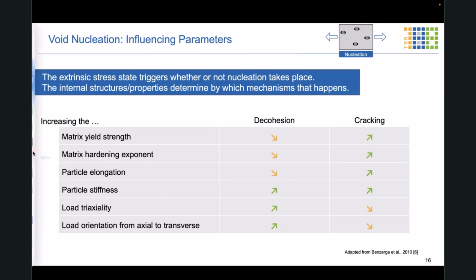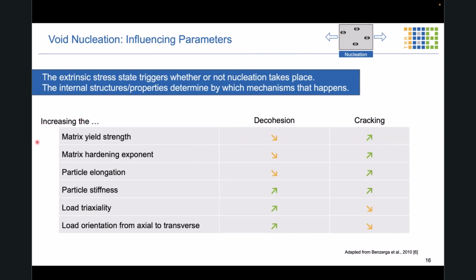For example, if you increase the matrix yield strength, then the mismatch between the individual properties of matrix and particle is decreased, and that means you can reach higher stresses in the particle without running into the decohesion, so that it gets more likely that cracking of the hard second phase becomes the dominant mechanism.